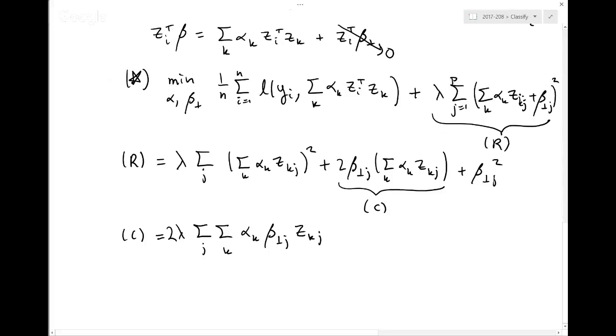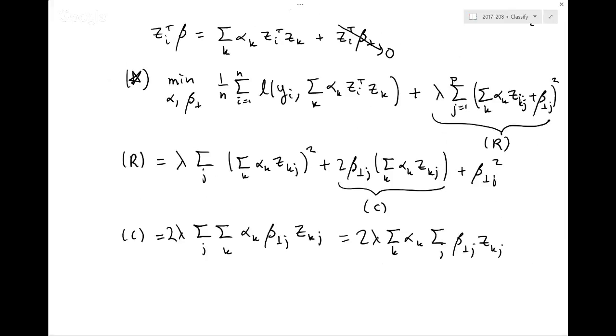Okay, so now this is starting to look like an inner product between the beta perpendicular and the Z_k. Right? We can switch the sum over the j and the k. We can now sum first over j and then over k. So this is 2 lambda sum over k, and then the alpha_k can come out, sum over j, beta perpendicular j, Z_kj.